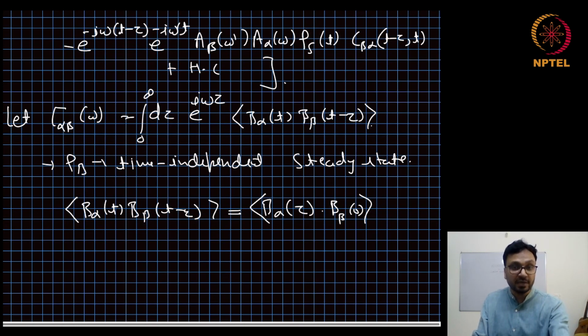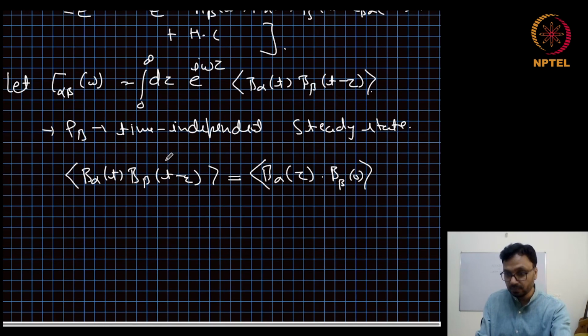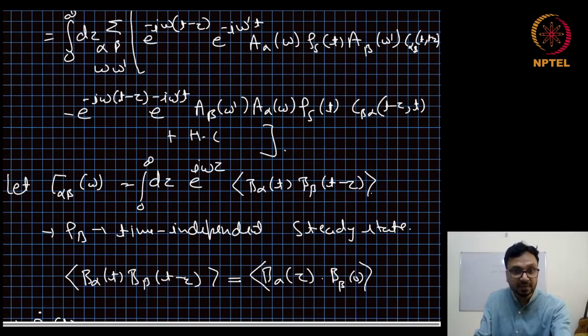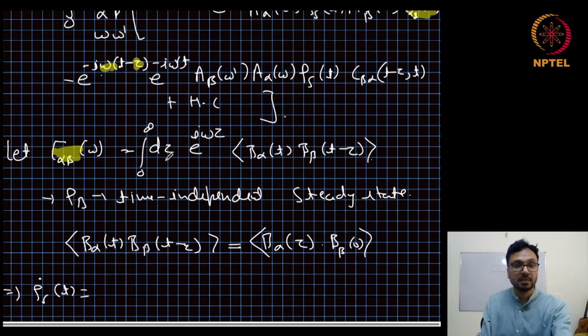It depends only on tau and the omega. Using this, we can write rho s dot t to be, so what we have done is we have consumed omega tau, this term, from first expression and second expression. We have consumed this term with c alpha beta to get the gamma alpha beta.